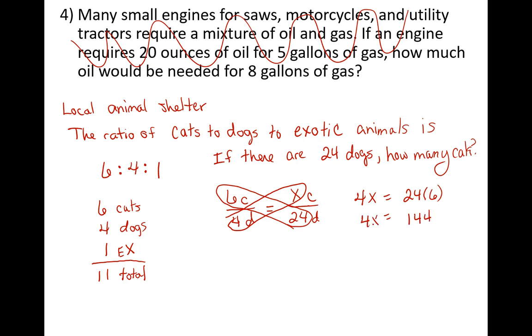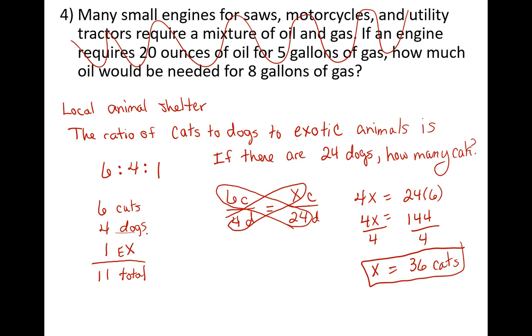This is 4X. If I divide by 4, I would expect 36 cats. Notice you see that common ratio. 24 dogs is 6 times bigger than 4 dogs, so I'm not surprised that cats-wise there's 6 times as many.